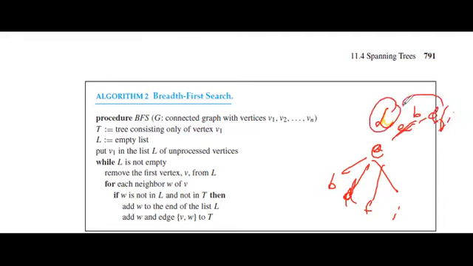So basically this list is for keeping track of all the vertices which we have not traversed. Once you have added all the vertices to the list L and then removed all the vertices from that list, that means you have traversed the entire graph and created a spanning tree which has every vertex of your graph G. So this is breadth first search and depth first search.